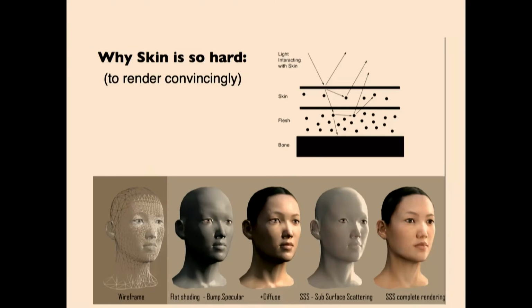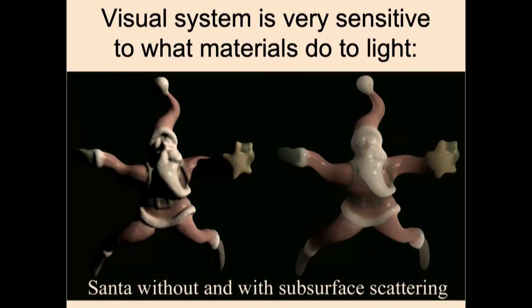And in inanimate objects, the rendering of subsurface scattering can really change the appearance of material. So this is a little figurine. The one on the left looks like it's ceramic, and the one on the right looks like maybe wax. This is done with computer graphic rendering.